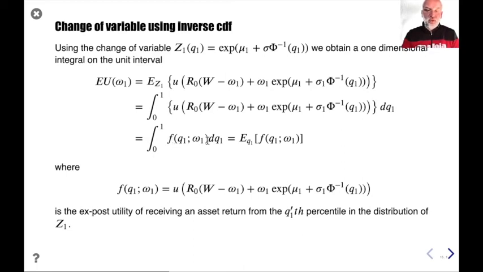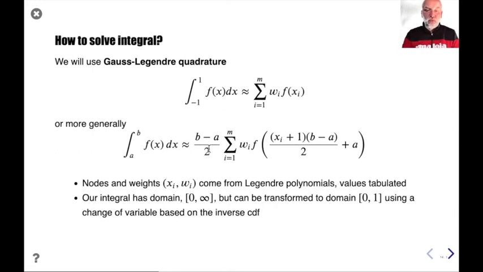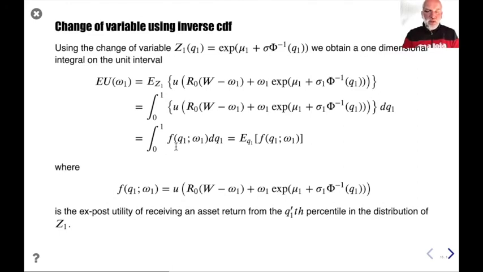It's a function of some variable integrated from 0 to 1, some function of a variable integrated on a bounded interval. And here our function is just what we have in the brackets up here. You can say this is also the expectation of this function with respect to Q1. So I've got to write that down here.